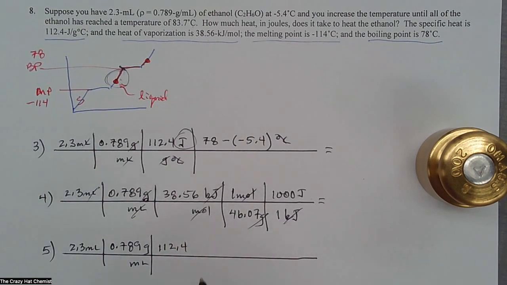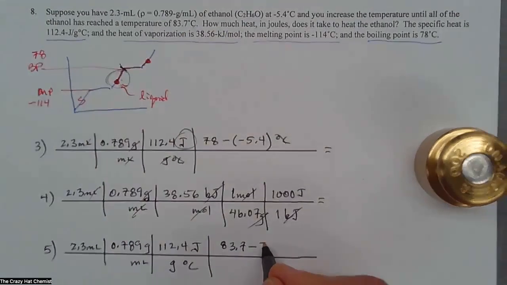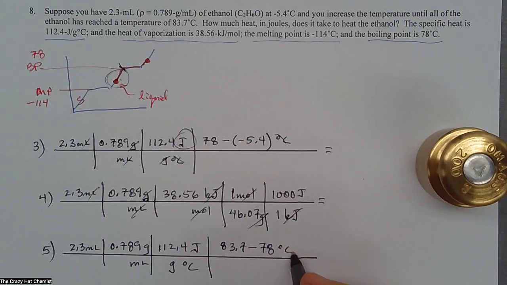So this is 112.4 joules per gram degrees Celsius. The final temperature is 83.7, and the initial temperature is that boiling point of 78 degrees Celsius. And then you should see mL, grams, degrees Celsius cancel. I'm left with joules. So we're going to get the values for those.